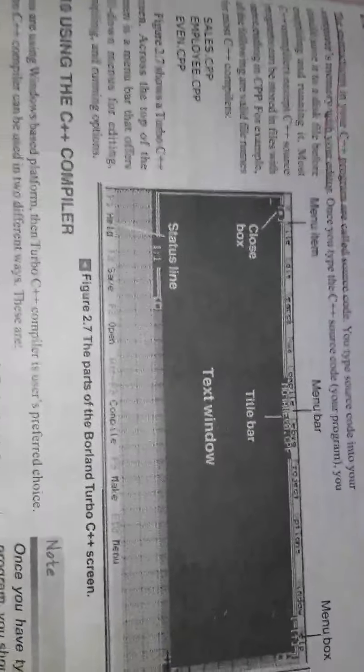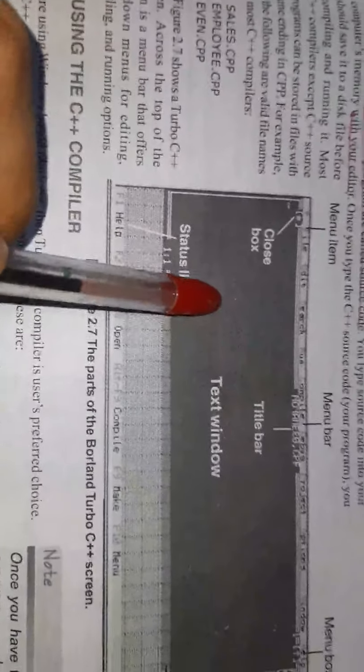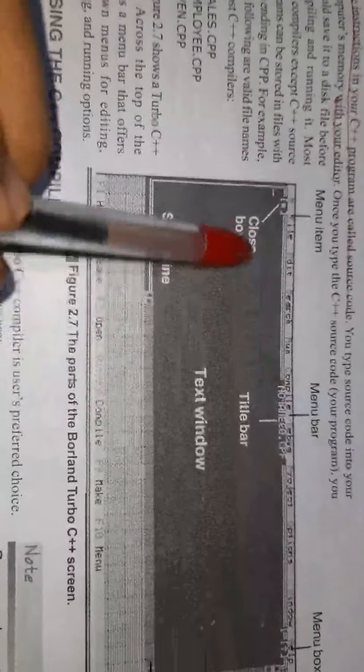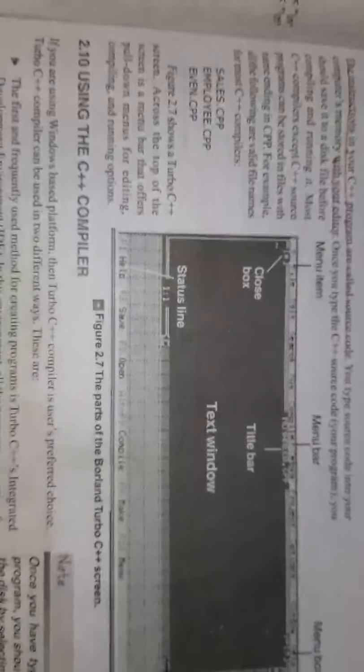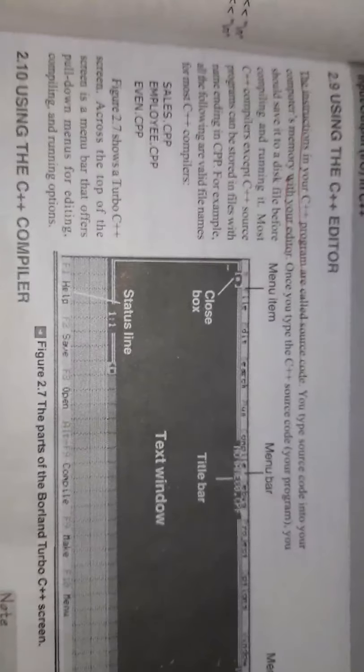And then it has a compiler or interpreter through which it can convert the high level language, which is the source code, the human readable form, into machine language using the compiler. Then it is checked for errors. If there is any error or not, it can debug it.